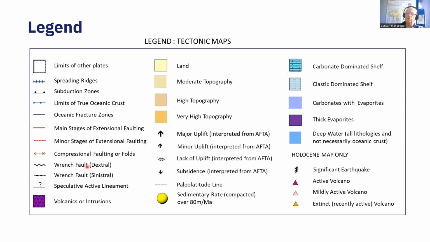And then the ones that we know about, the major transforms: dextral if we know they are, sinistral if not, and quite a few of these speculative ones that are necessary, but we don't know exactly where they're going. They're necessary to actually transmit transgression through the continent and create these inversion structures here. And then the volcanics, of course.